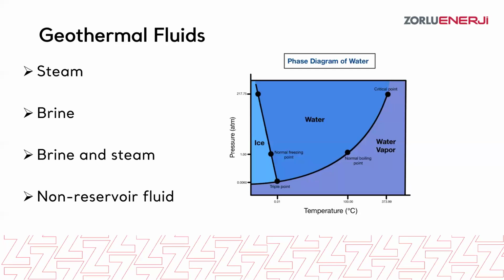So basically, according to the phase diagram of water, according to your reservoir pressure and temperature values that you are working in, you are also seeing that those properties create your reality in terms of having a geothermal fluid, okay?